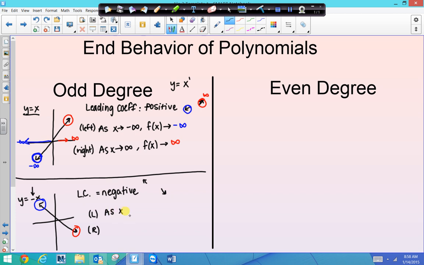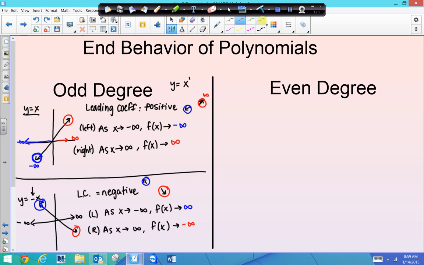As x goes to negative infinity, the y values are headed up towards positive infinity. And for the right side, x goes on and on forever towards positive infinity, and as x does that, our y values are going down to negative infinity.